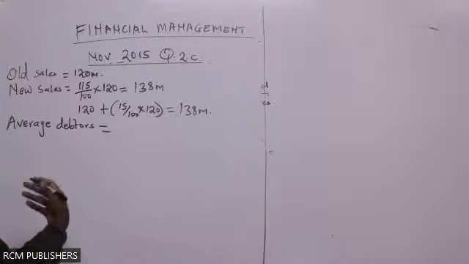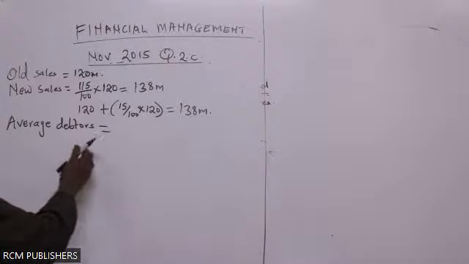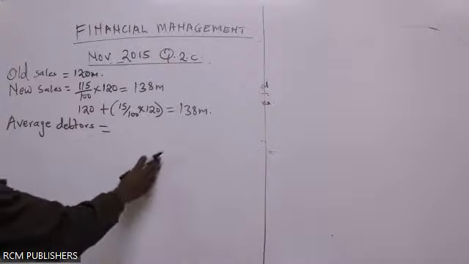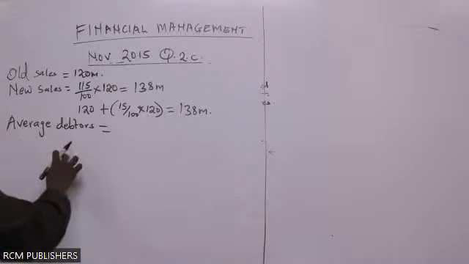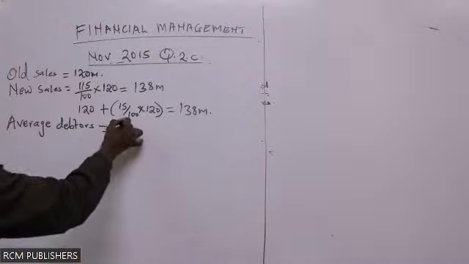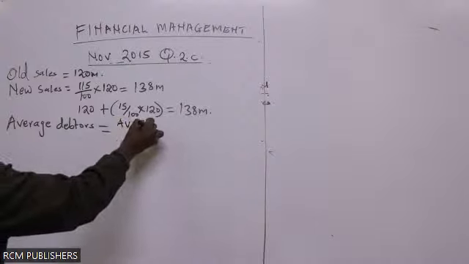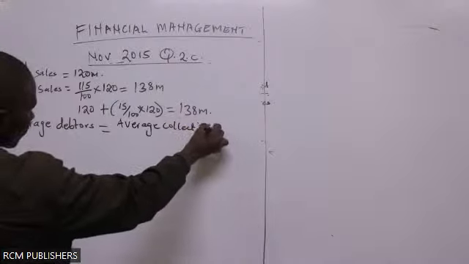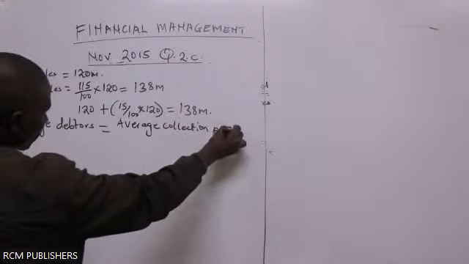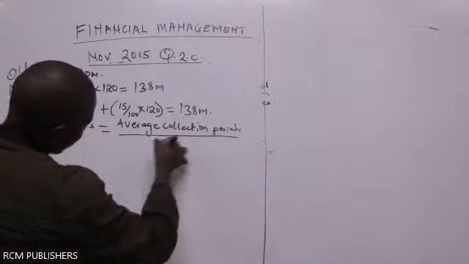The formula I gave you is the average correction period. Now, let's see from that formula, how can we deduce average data? It is average correction period over number of days.